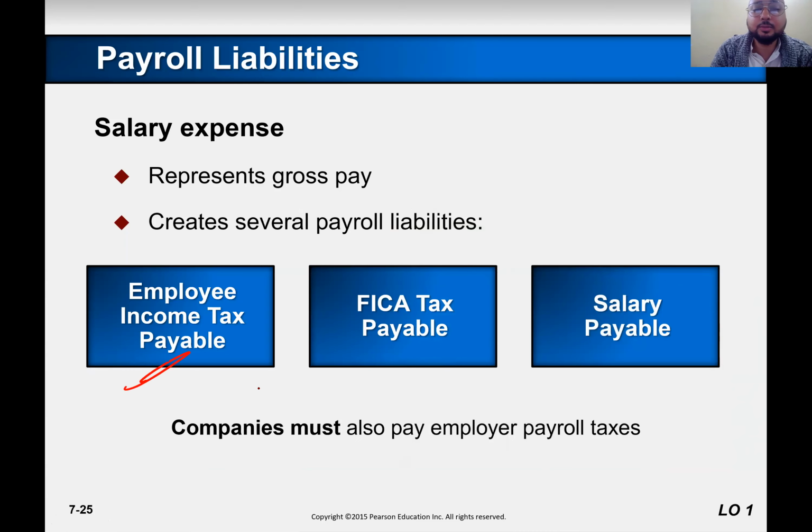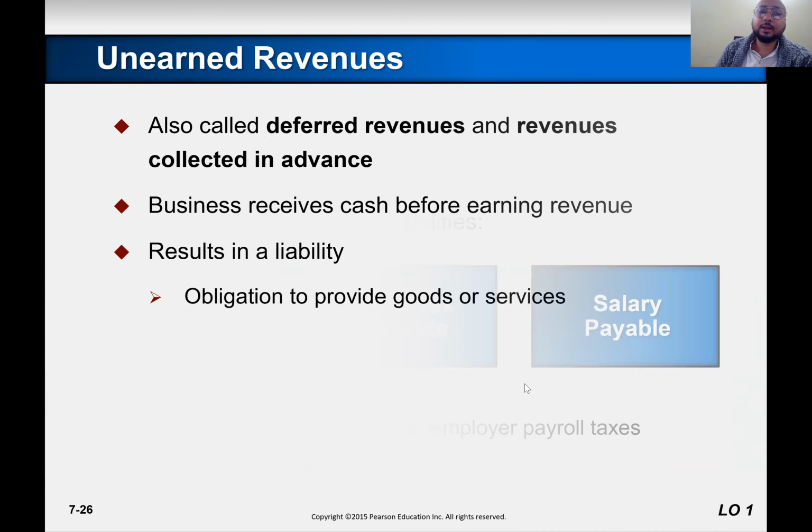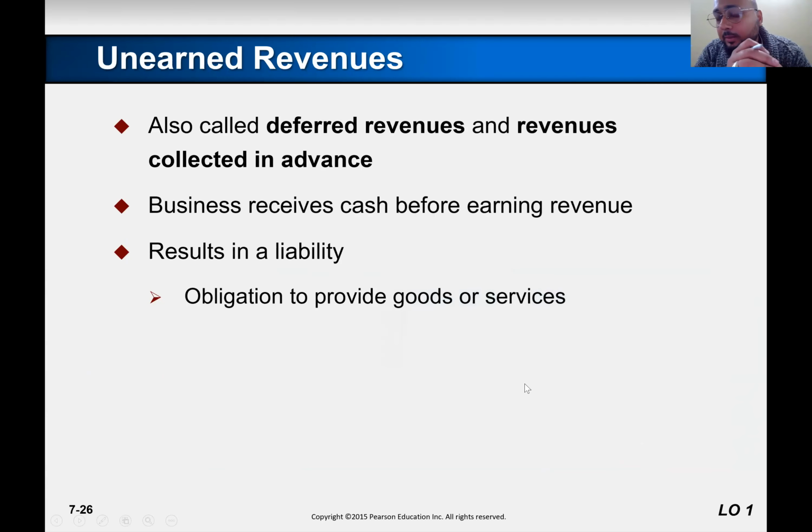That is, they have to pay income tax, other taxes, pensions, like this, like that. The company must also pay employer payroll taxes as well, right? So that's why the salary expense is not equal to salary payable, right? Salary is paid net of taxes.